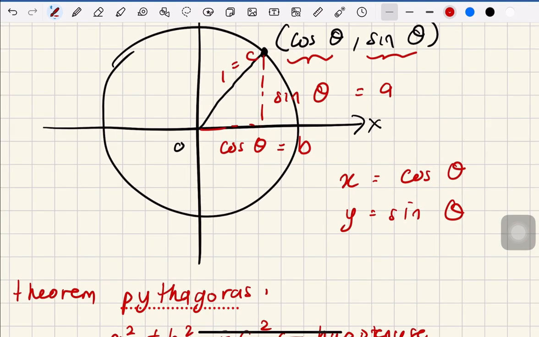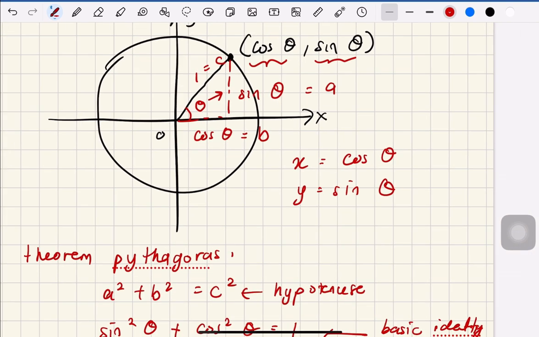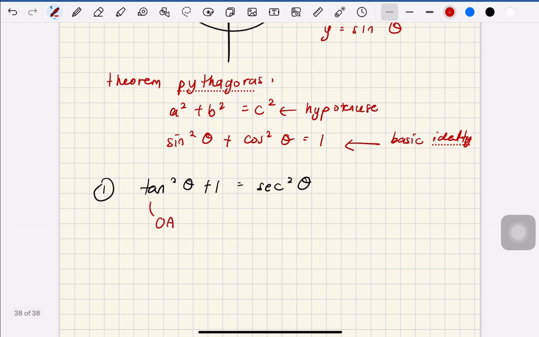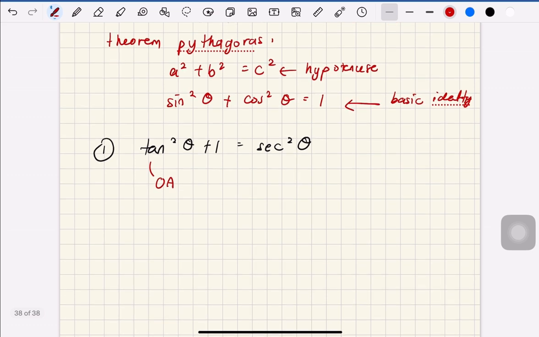Our opposite is sine theta and our adjacent is cos theta. So tangent theta is equivalent to sine theta over cos theta. Clear? So tangent squared theta is sine squared theta over cos squared theta.